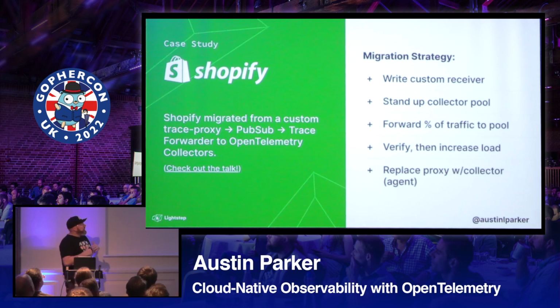They did a really cool talk where they went through how they transitioned from their in-house stuff to OpenTelemetry, and it was actually fairly straightforward. They took a custom receiver, put it into the collector, and then started shifting traffic over. They were able to do all this without code changes because they put the effort of converting the data from the old format into OTLP in the collector itself and not in their code.